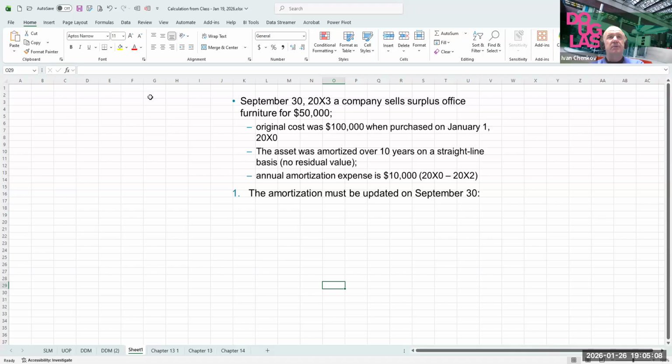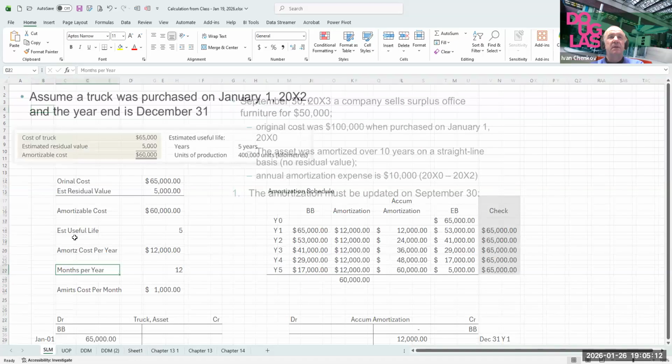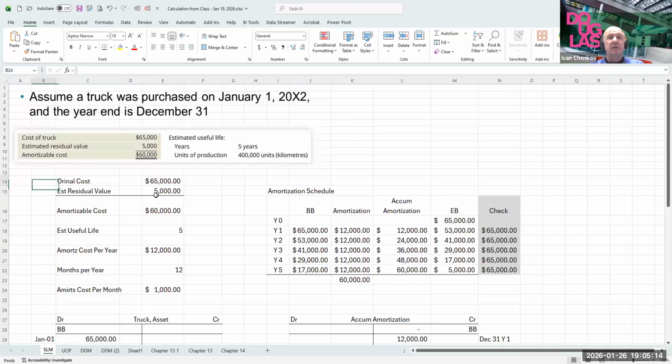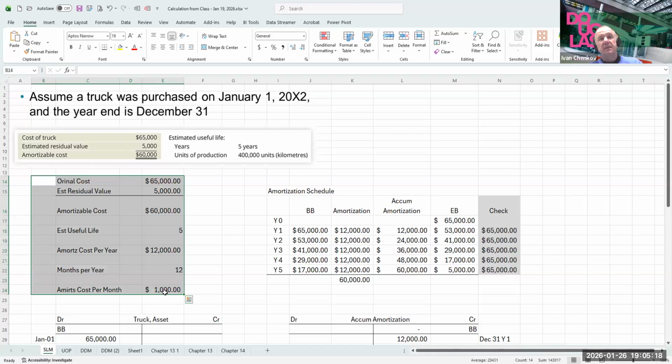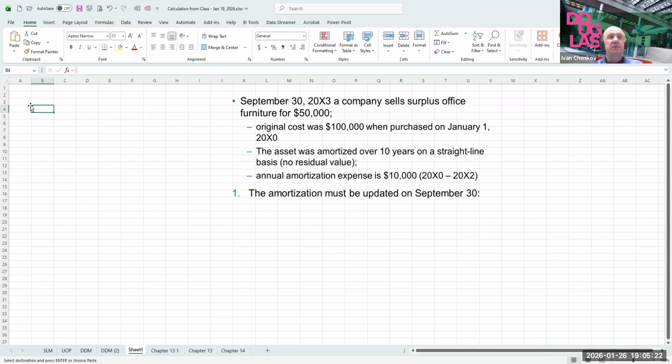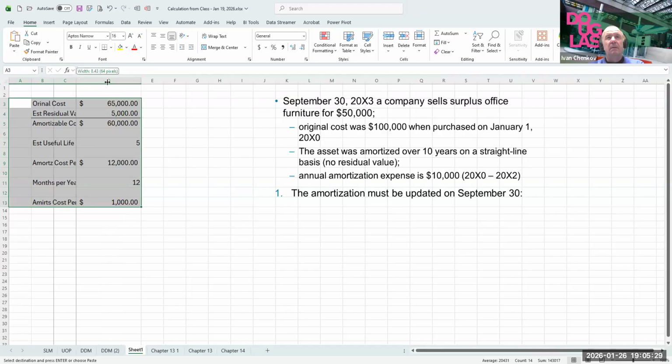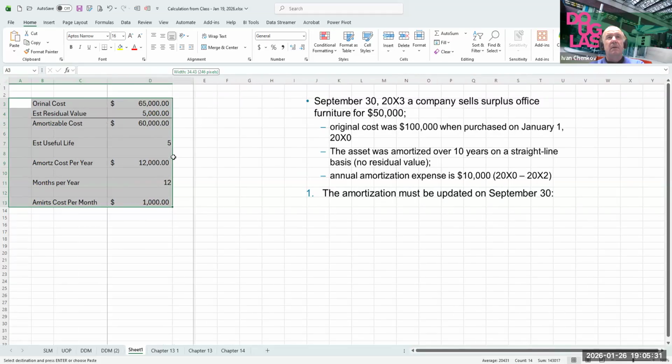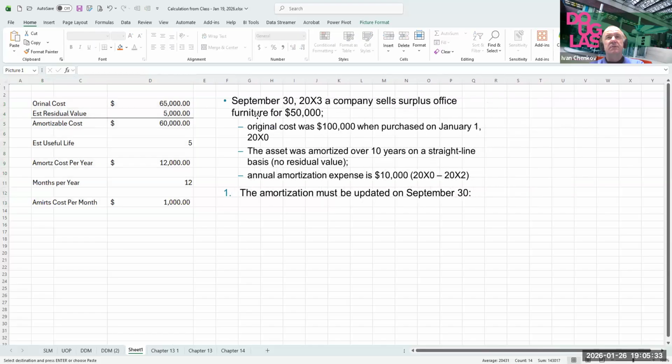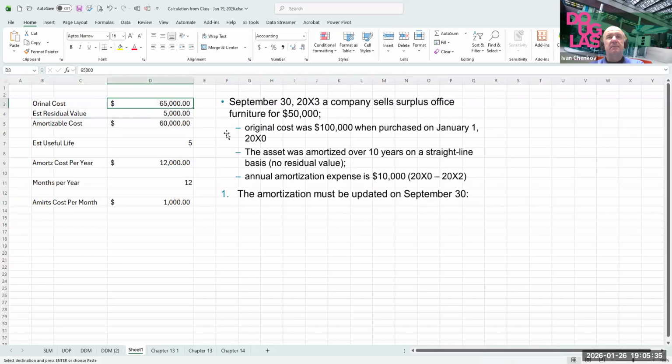First thing first, original cost. We have to do the calculation, which we're going to get from here. I can easily copy this and move it to the new worksheet, and now I start changing the numbers to adjust it to our reality. Original cost is 100,000.